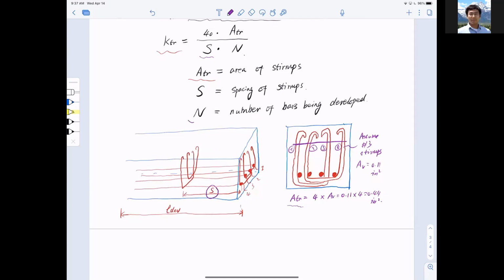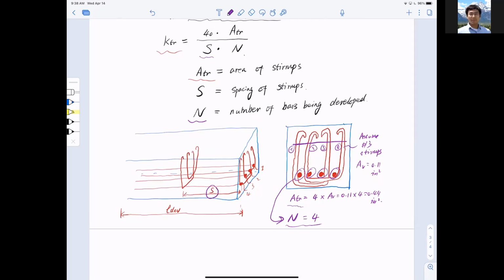How about n? n equals 1, 2, 3, 4. Four bars are being developed. I shouldn't circle this because that is different from the stirrups. So there are 4 bars being developed, so n equals 4. That's how we calculate Ktr.